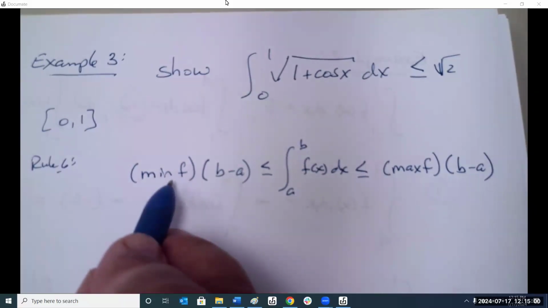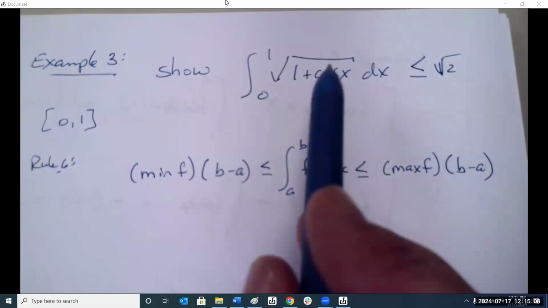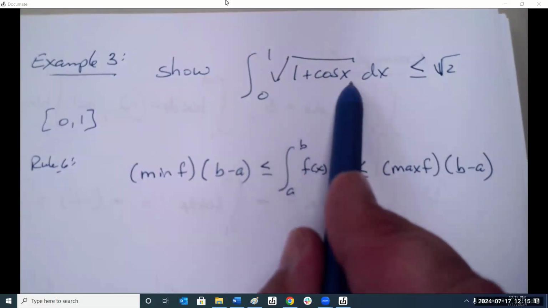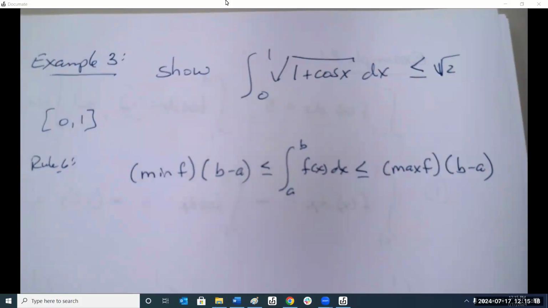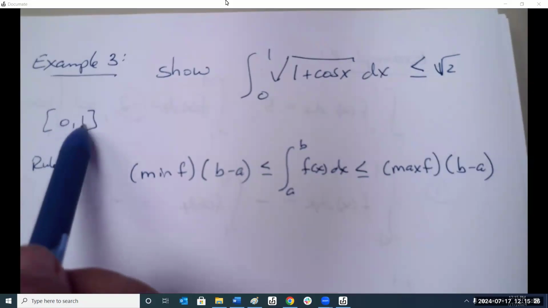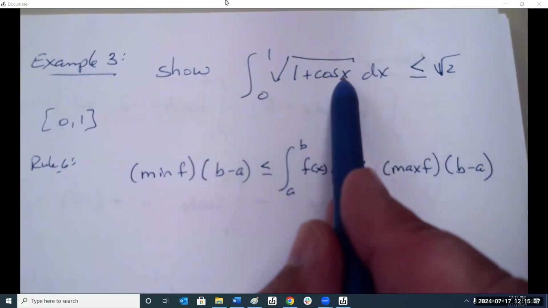So what's the min value of f of x on this interval? How did you get 0? We only have 0 and 1 to put in there. What is the cosine of 1 or 0?